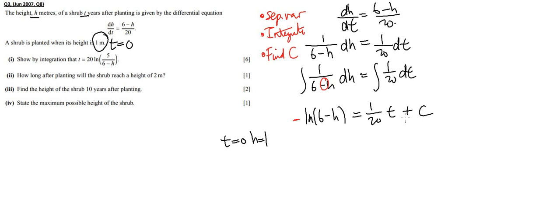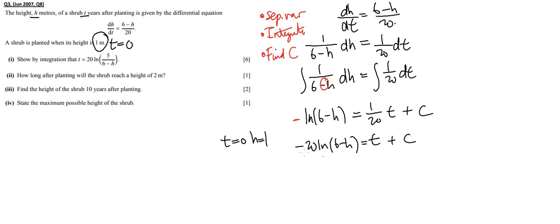I'm going to multiply by 20, so I've got negative 20 ln of (6 minus h) equals t plus something that I don't know.